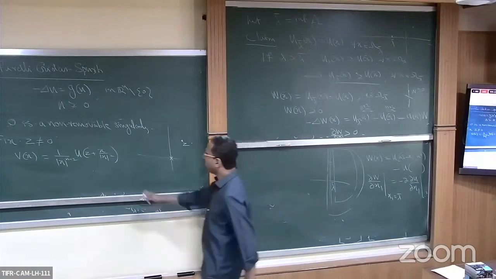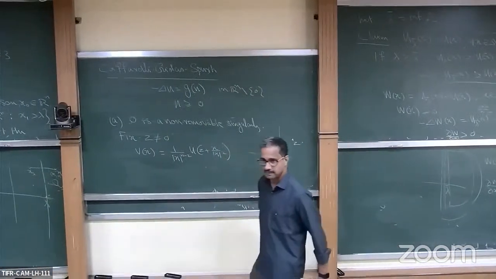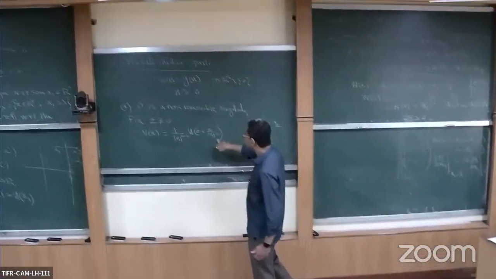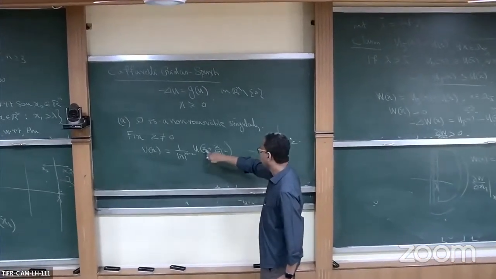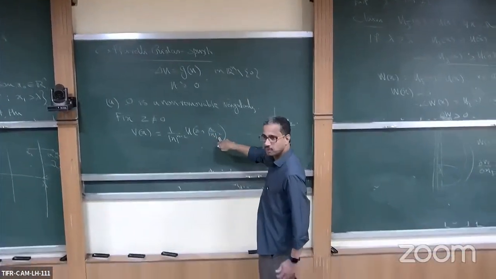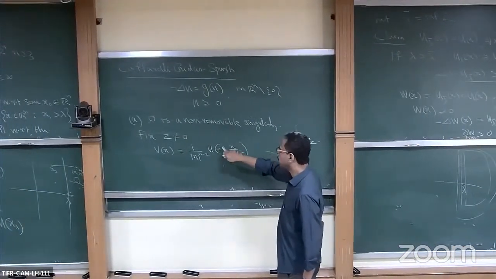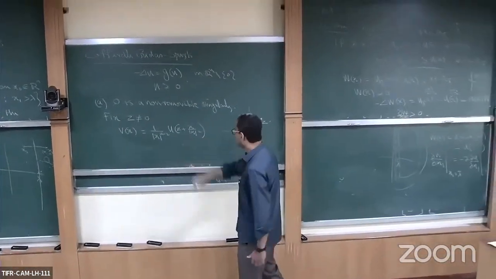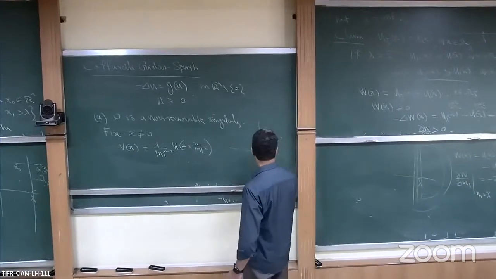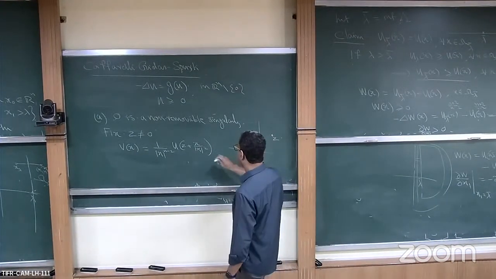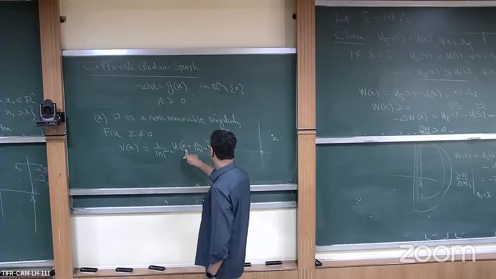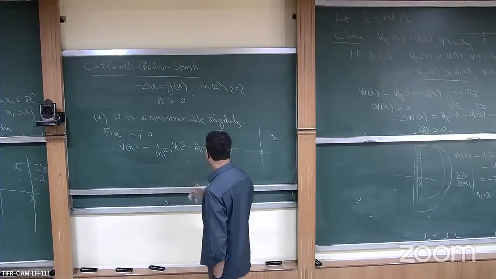So we know that u has a singularity only at the origin. So from this portion, the singularity can come when z plus x by mod x square is going to be equal to 0. Or in other words, x is going to be equal to minus z by mod z square.